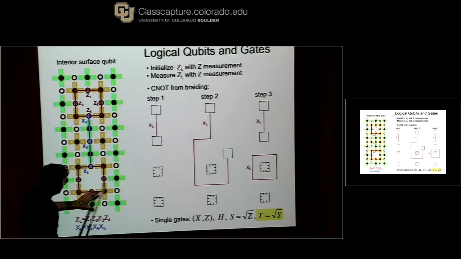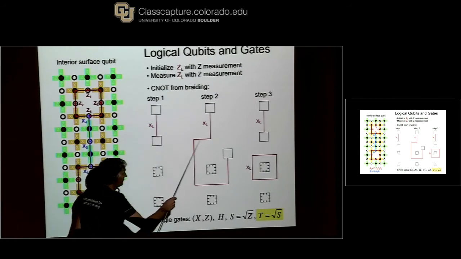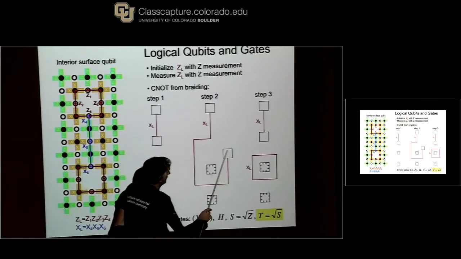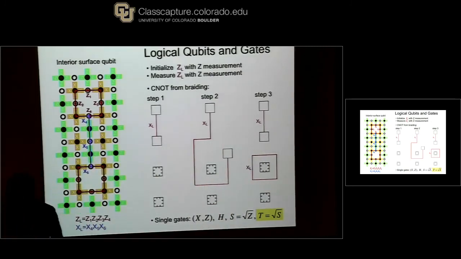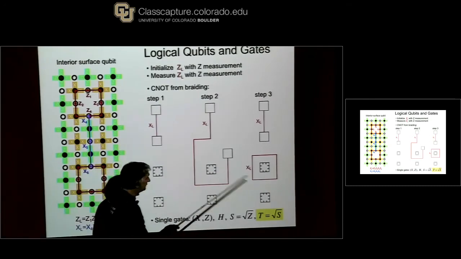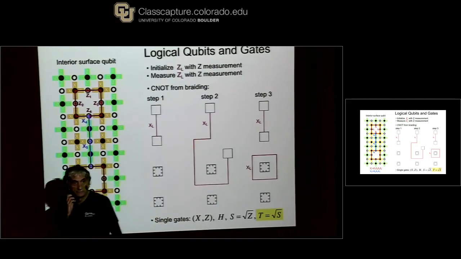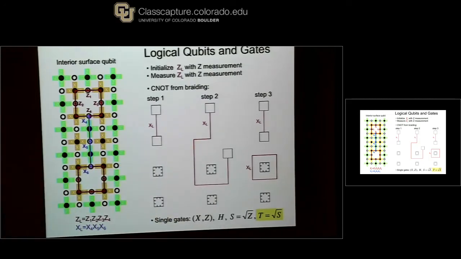And you can take this hole and open up a hole and then close it behind to essentially braid this hole around another hole and then come back again, by turning off and turning on interactions again. And that braiding operation gives you a CNOT. Okay, and I'm not going to go through it, you have to read the paper. But you just take the surface code and start turning on and turning off things in the right way, and you can do logical operations. And the CNOT is very simple braiding.